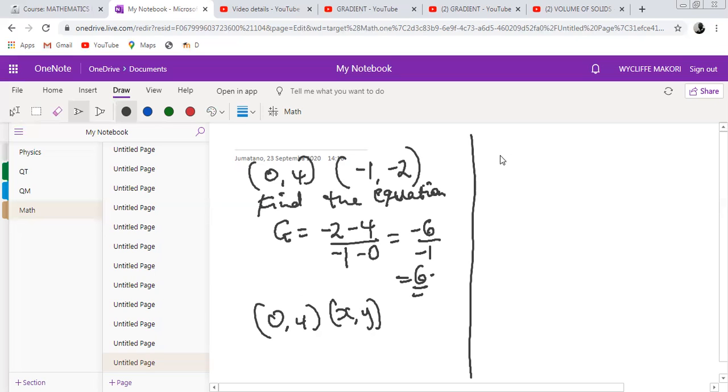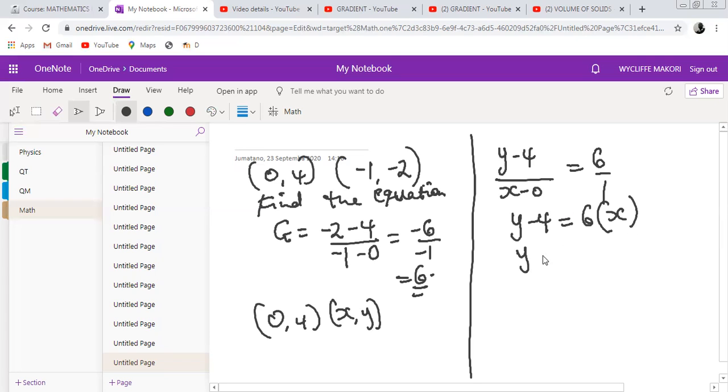Therefore, y minus 4, which is now change in y, over x minus 0, they should give us the same 6, which is the same as 6 over 1. If you cross multiply there, 1 will multiply here and it will have no effect. So it is going to be y minus 4 is equals to 6 into bracket x, because x minus 0 is just x. Therefore, y minus 4 is equals to 6x.